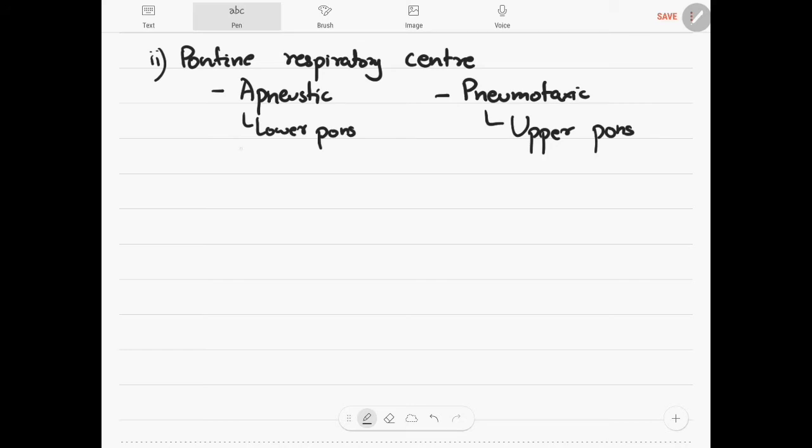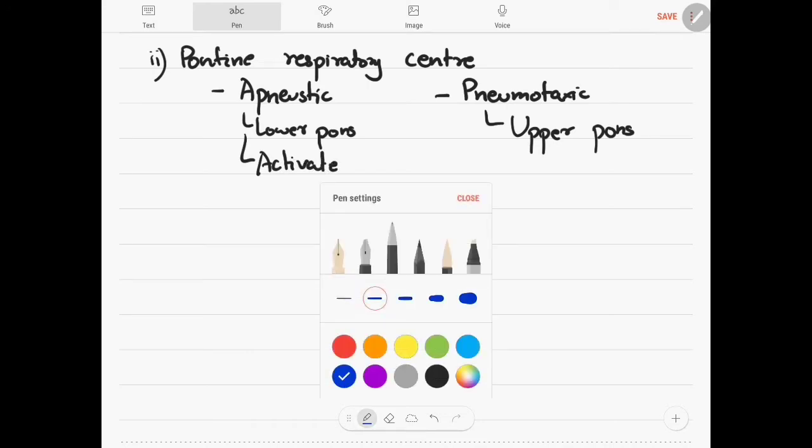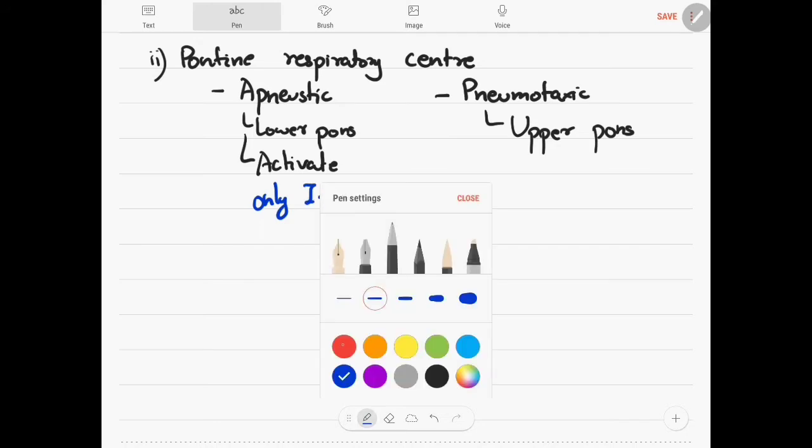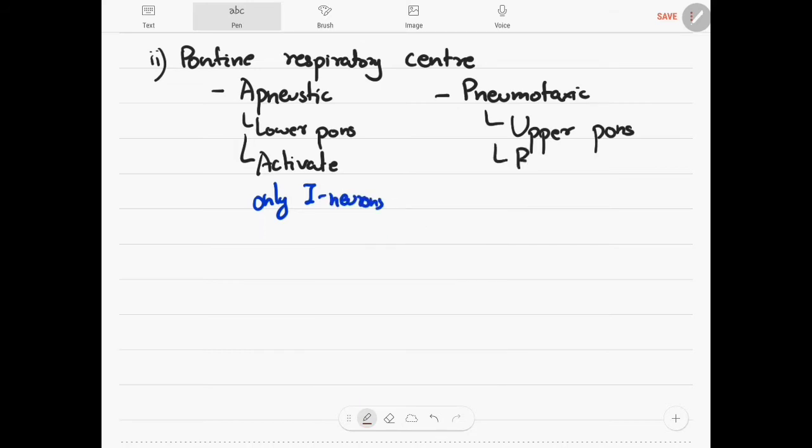Apneustic will activate only I neurons, while this contains both or activates both I and E neurons.